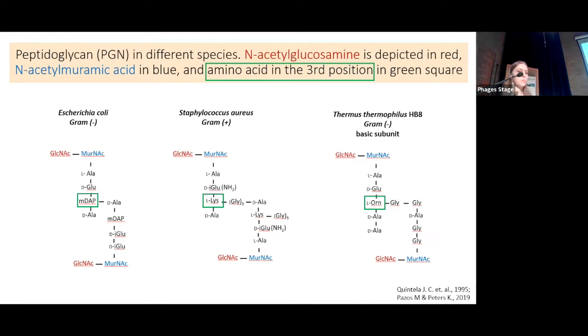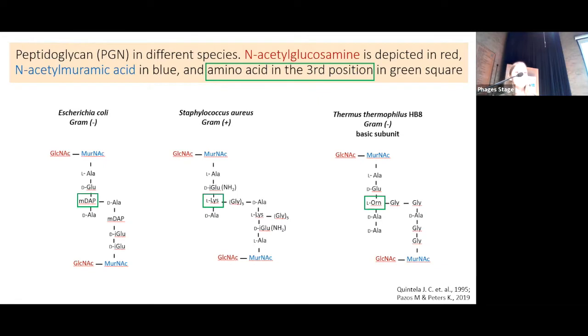For example, in most peptidoglycan in gram-negative bacteria, in the third position of the stem peptide, we can see meso-diaminopimelic acid, contrary to gram-positive bacteria, where lysine is present. But there are also some exceptions. For example, Thermus thermophilus is a gram-negative bacterium, and in the third position of the stem peptide, there is ornithine.